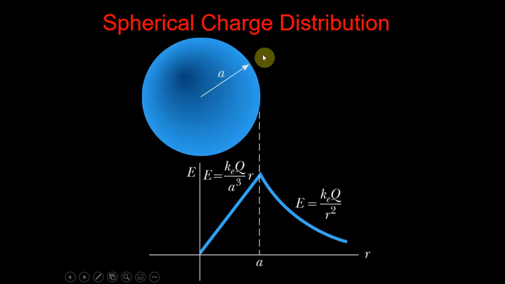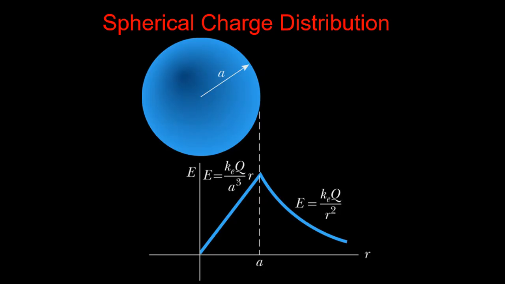So here's our sphere. And we're going to start out right at the center of this sphere and then move outside of this sphere, penetrate its skin, and then keep moving through space. Now, this sphere has charges spread all over it. And as we've said, charges will always repel and give us a uniform charge distribution. So what we essentially have here is a spherical distribution of charge.